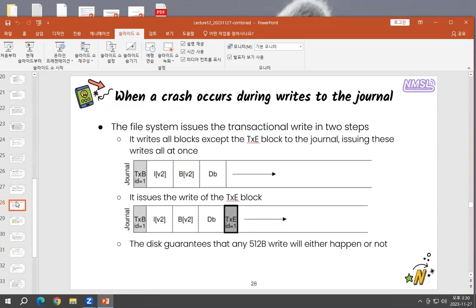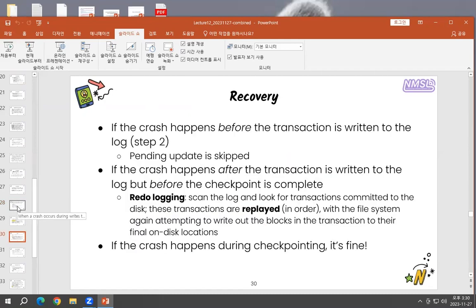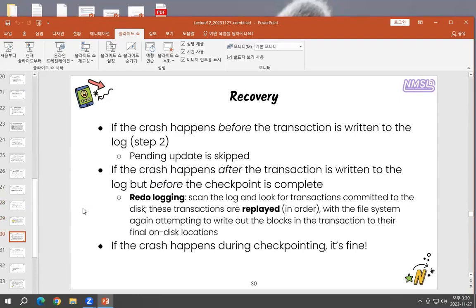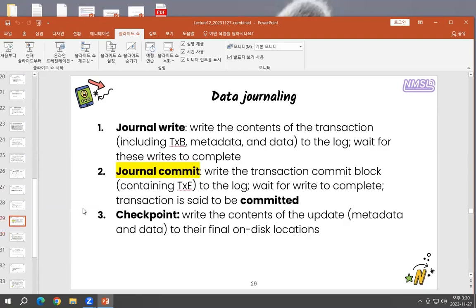This? Okay. So basically what this means is, the first case could happen anywhere before 2 completes, right?